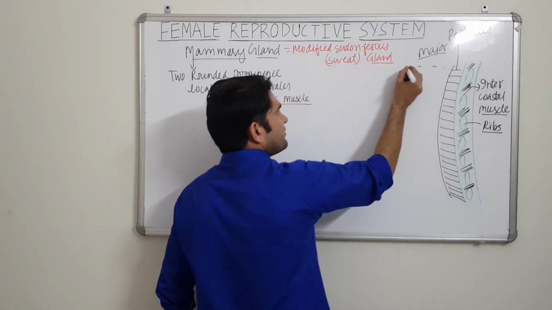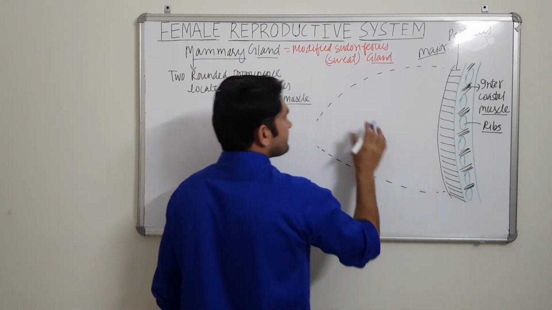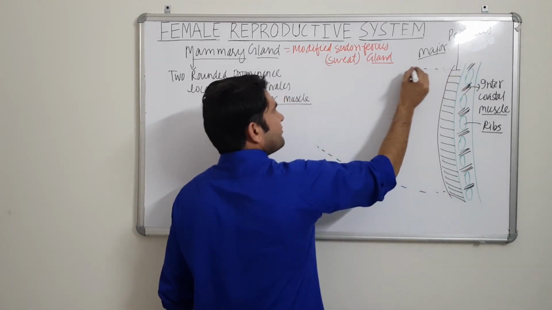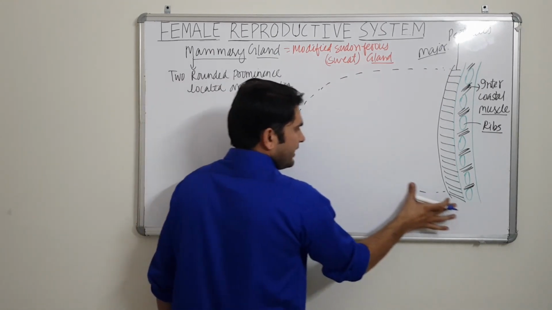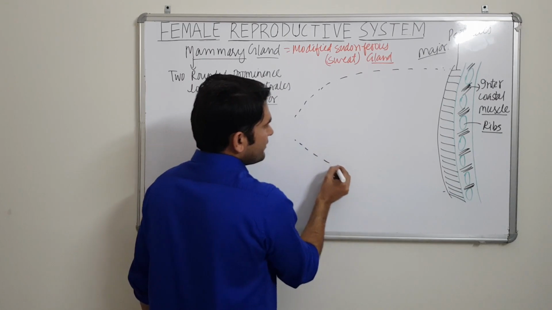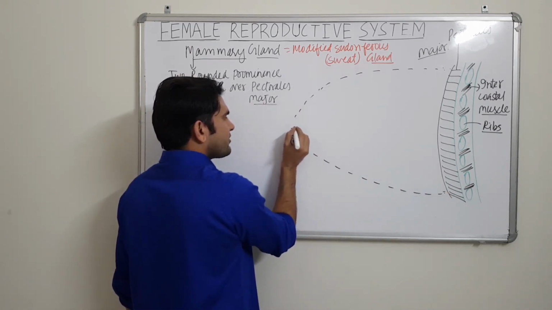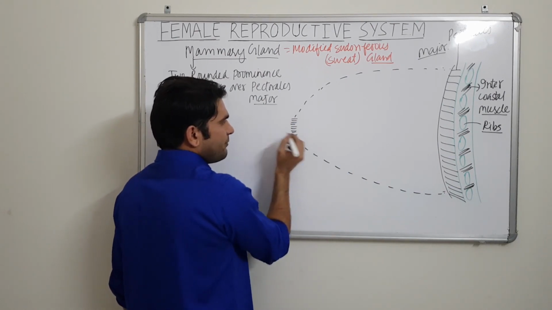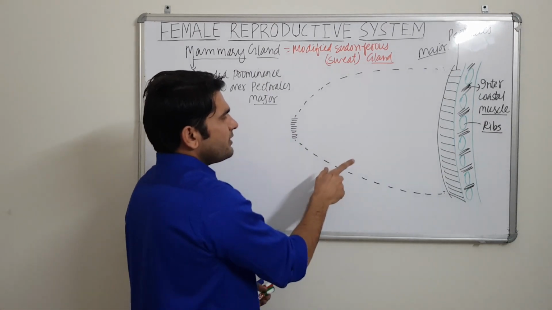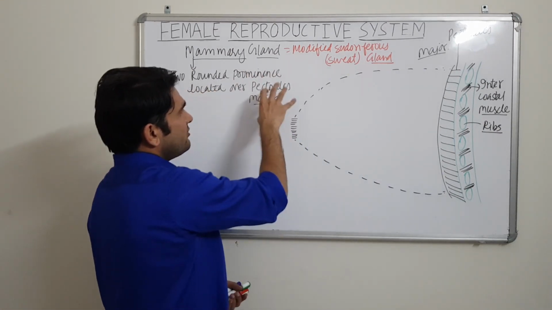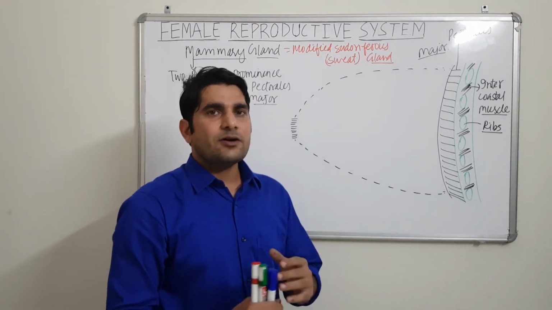So this is the round prominence arising from pectoralis major muscle, and let me make it a little bit larger like this. On the anterior side that round prominence would have a perforated structure, and that perforated structure is known as nipple, and the diameter of these pores is about 0.5 mm only. So a round prominence located over pectoralis major muscle is known as mammary gland, also present in males but not very well developed.